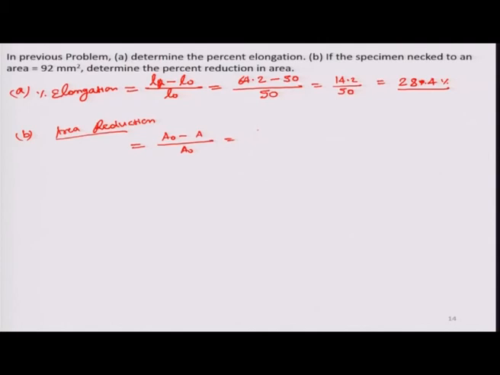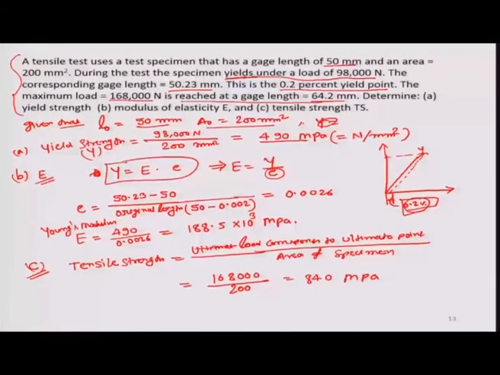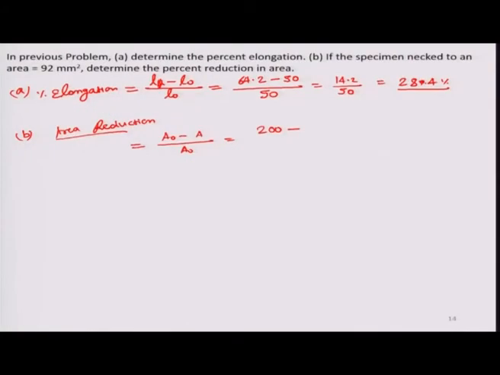That is equal to 200 minus the specified neck, 92, divided by 200, that is equal to 0.54. In percentage you can write 54%.